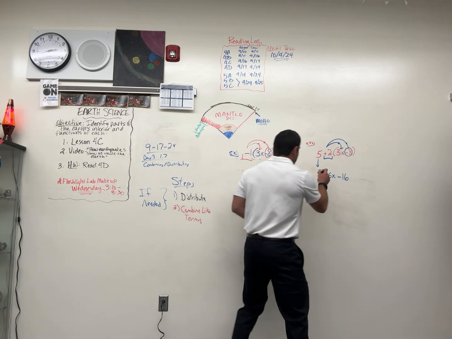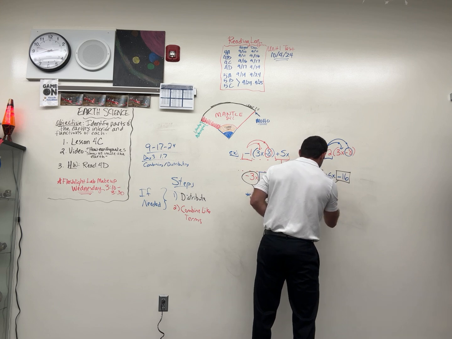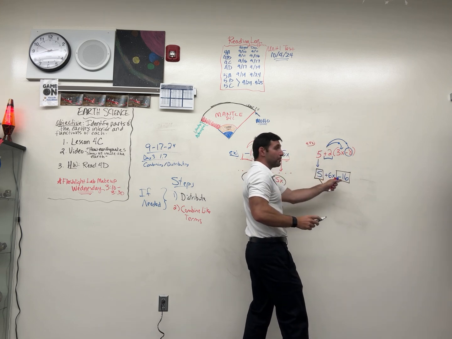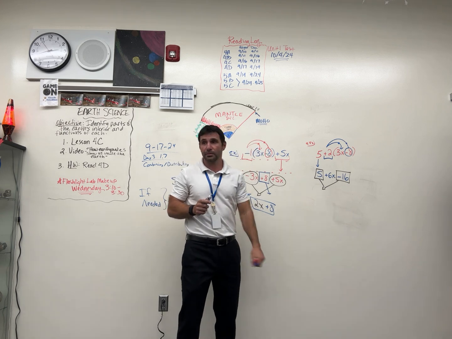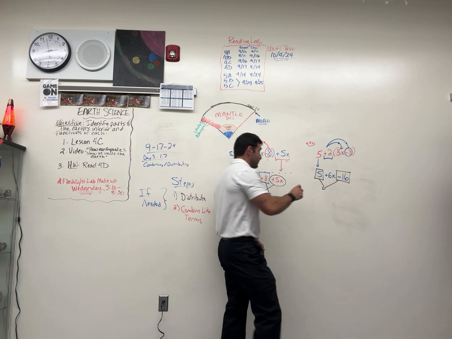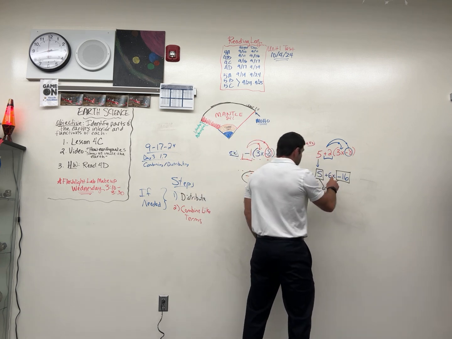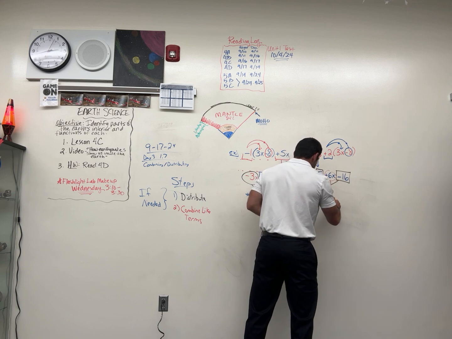Thank you, sir. Positive 5, negative 16. So in my calculator, I can say 5 minus 16. Negative 11, very good. Then positive 6x drops down.